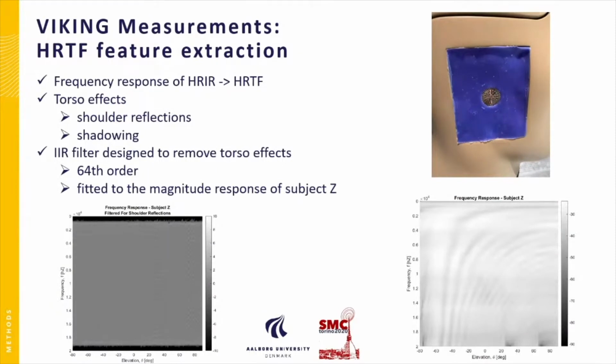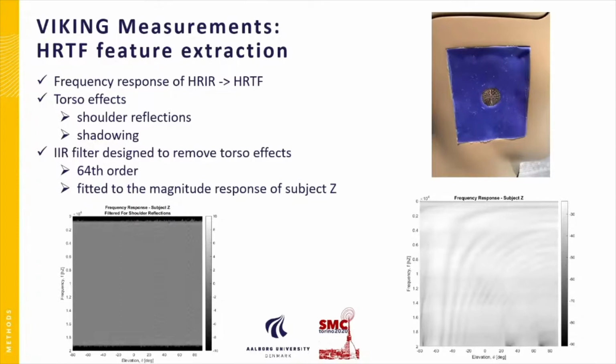When looking at them, however, we noticed quite a lot of reflections and shadowing, which we thought are due to the torso. Therefore, we carried out an HRTF measurement for a new subject, subject Z, where we had a flat pinna, basically. So we only had a microphone and no ear. The frequency response for this subject then isolated the effects of the torso and the head.